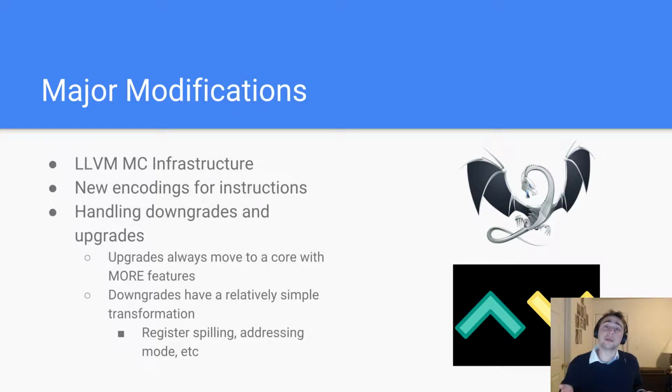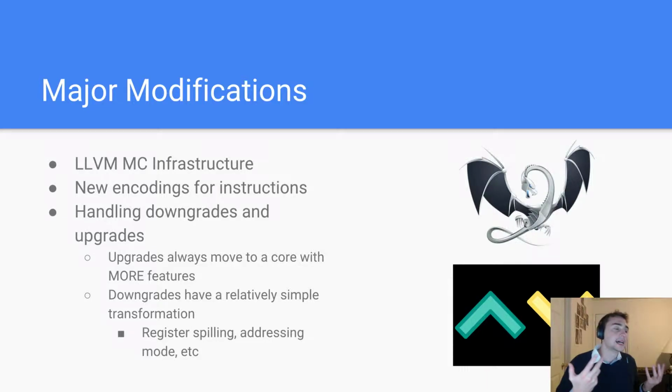Then they also have to make sure they can handle upgrades and downgrades. Upgrades are relatively simple. That generally means that you're going to a core with more features, not less, so it should support everything that the downgraded core has. And so that's generally the case. Now downgrades are a little more tricky, but it turns out they're not that difficult. If we downgrade, think about the different levels that we had there.